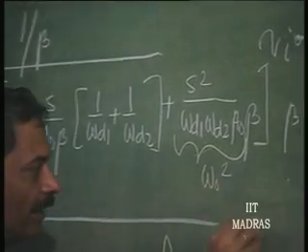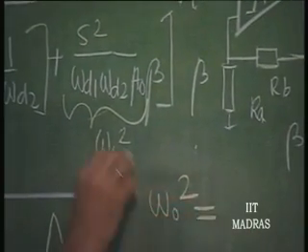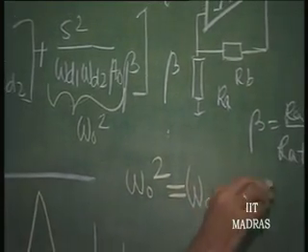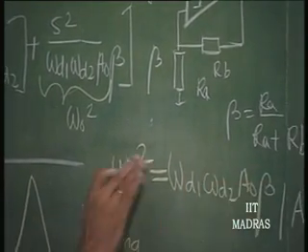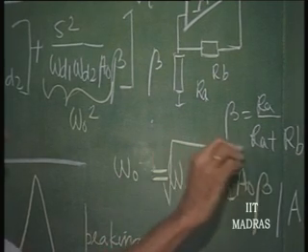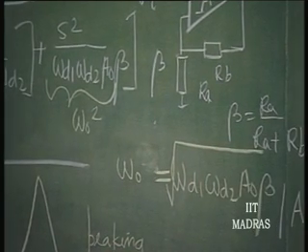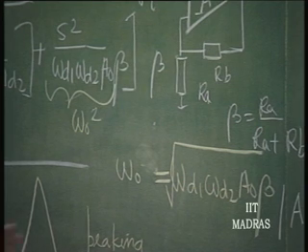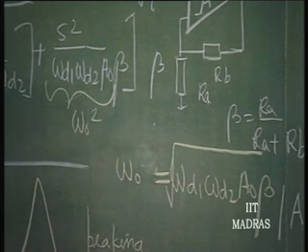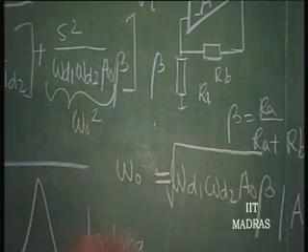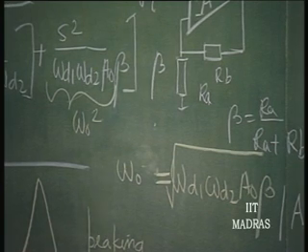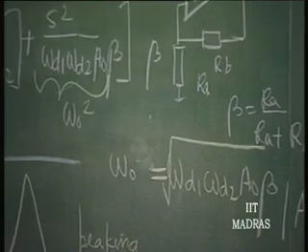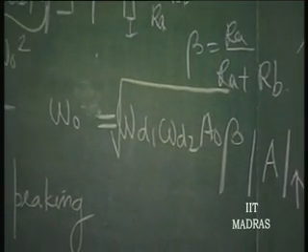So, omega naught squared is equal to omega d1 omega d2 into A naught beta, or omega naught, the natural frequency of this system, is root of omega d1 into omega d2 into A naught beta, at a fairly high frequency, because A naught beta may be pretty high even if omega d1 and omega d2 are pretty low. So, at fairly high frequency it has a natural frequency. Okay, it has natural frequency like that, I am not bothered.